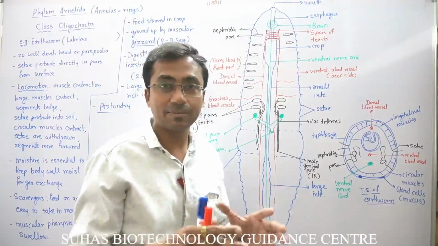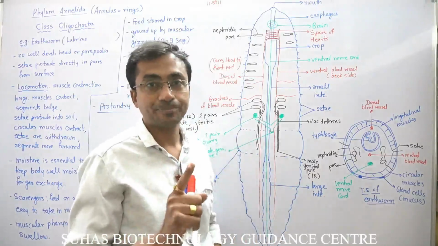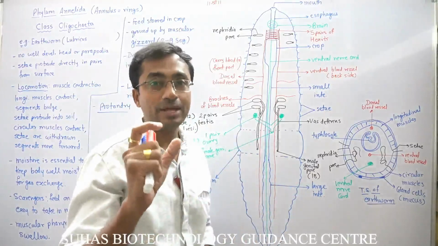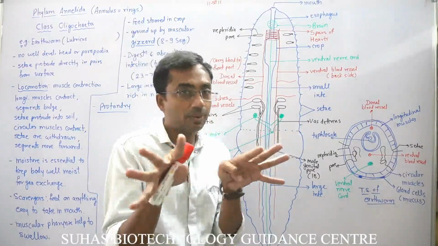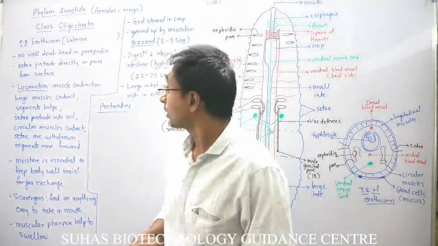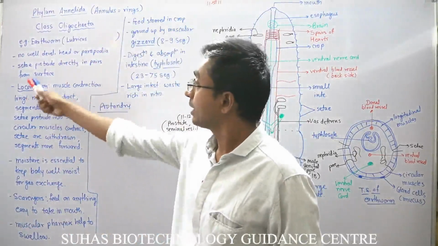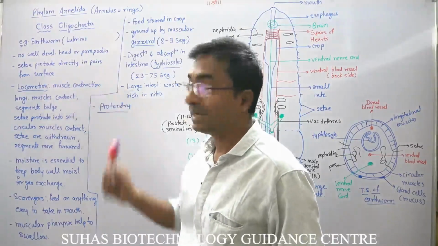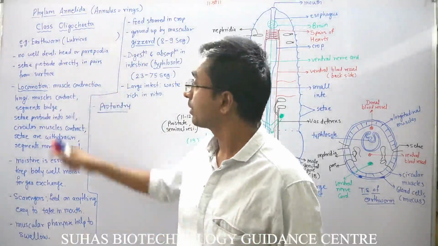As the body is highly segmented, every segment has a pair of setae. But there are no parapodia. In Nereis there are parapodia, and from them bristles of setae originate, but that is not the case with the earthworm. Setae protrude directly in pairs from the surface, and each segment carries setae.